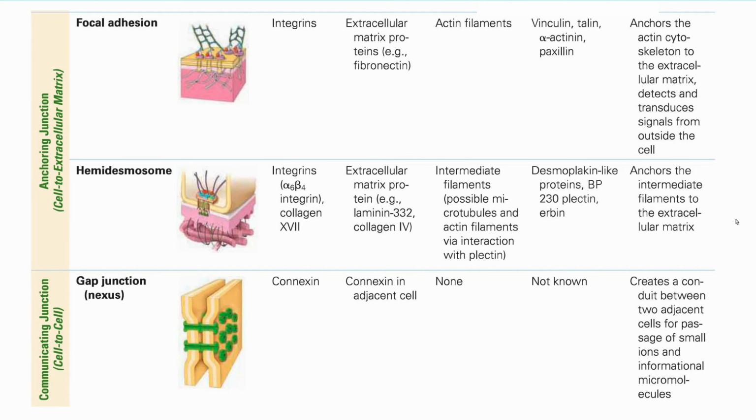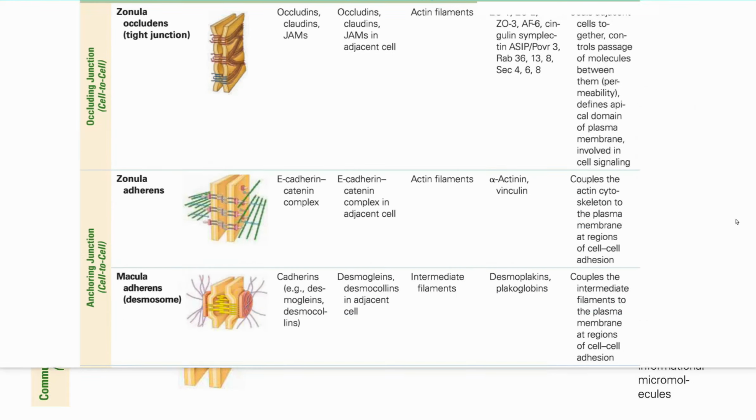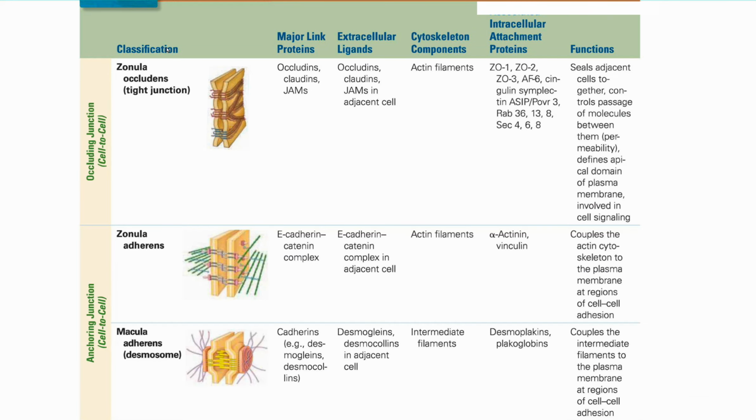You can compare them, just compare the classification, then major link proteins or the cell adhesion molecules connected to it, then the extracellular proteins, then which cytoskeletal component, and sometimes look into the functions of these individual cell junctions also. So, that concludes the topic of cell junction.